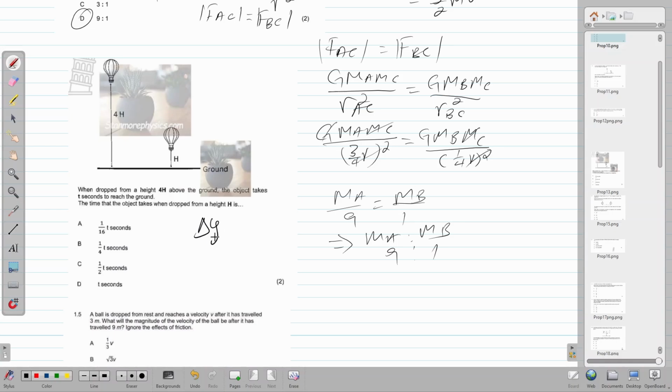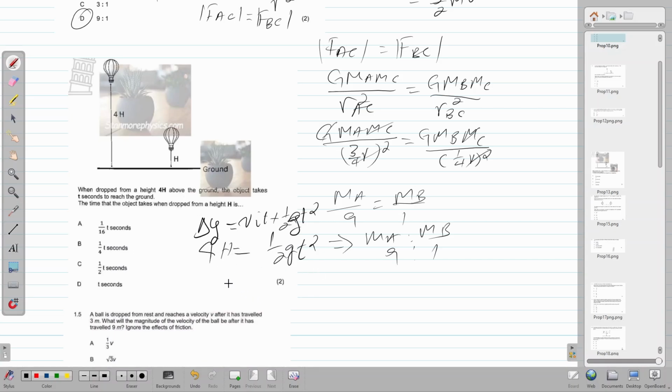Delta y is equal to v t plus half acceleration t squared. Acceleration is g here, so this is equal to half g t squared, where t is the time it takes to reach the ground when dropped from 4h.